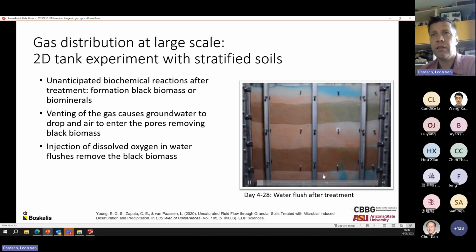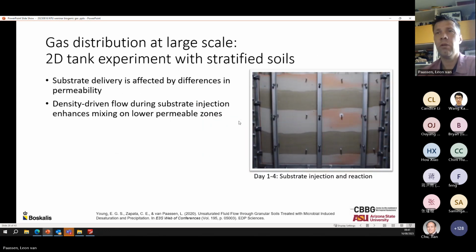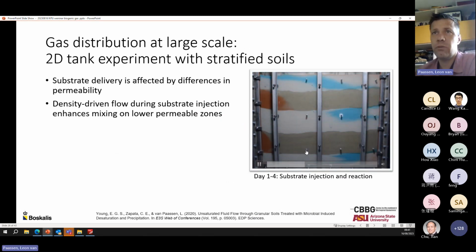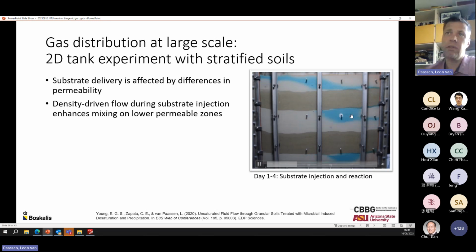You can actually see that even though there is very limited substrate, let's go back 2 more steps. You can see after day 2 or 3 that gas starts to form, and then once gas starts to form, you can see there's a lot of movement of the gas going upwards and pushing the liquid in front of it.